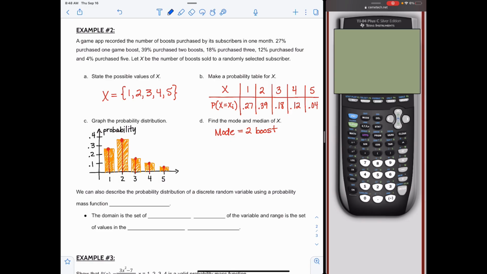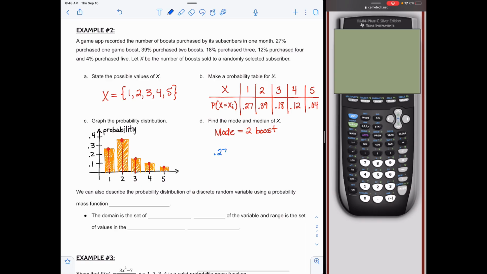I'm saying this to clear up any confusion that you have to take the probabilities and line them up from least to greatest. No, you have to take the possible values and line them up from least to greatest, and then you add those corresponding probabilities.